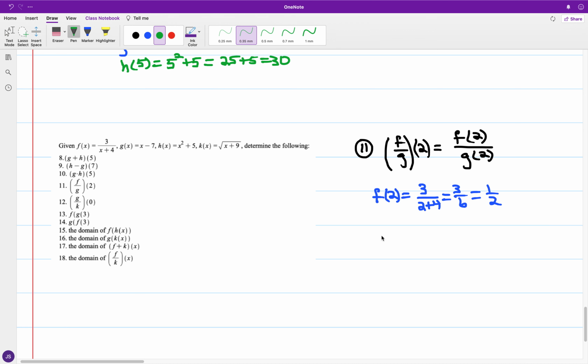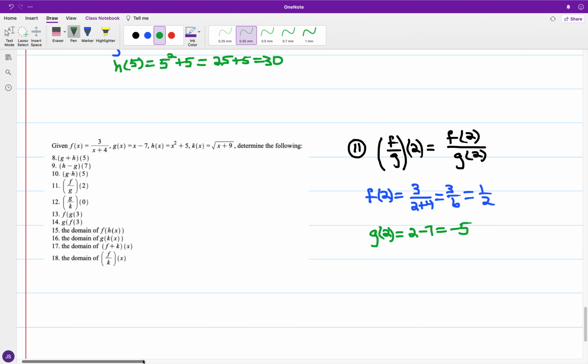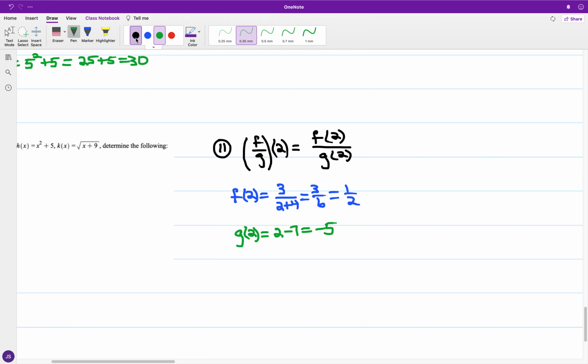In the case of g of 2, you have g of 2 equal to 2 minus 7, and 2 minus 7 is equal to -5. Putting in what we have now, we have 1/2 from f of 2, and for g of 2, again, I have -5.